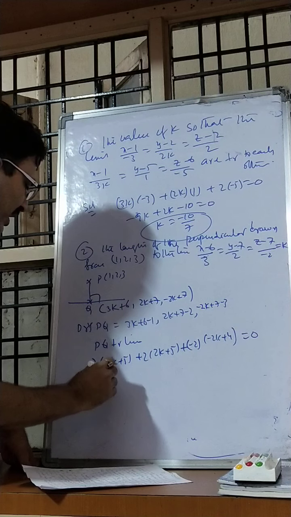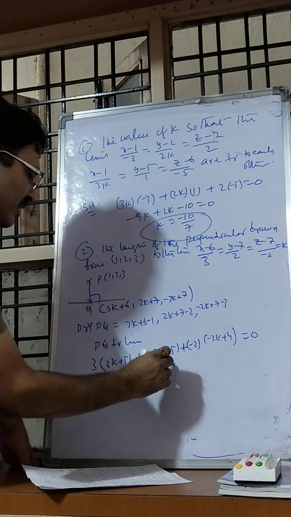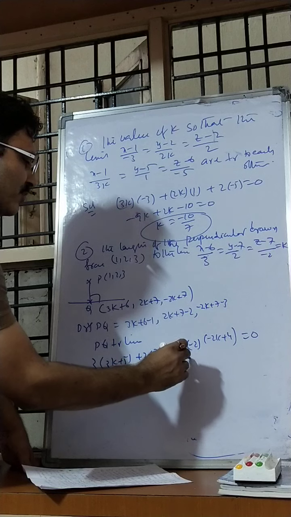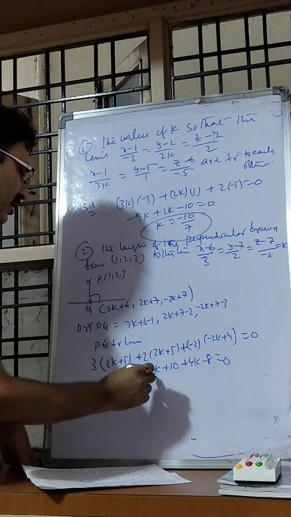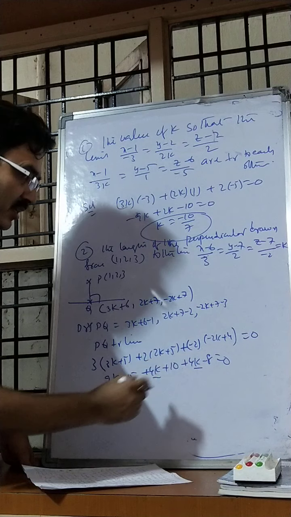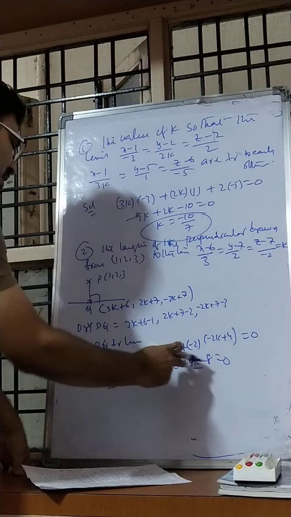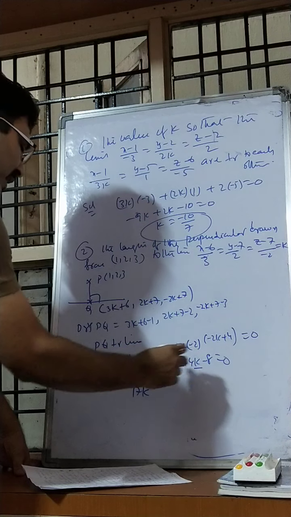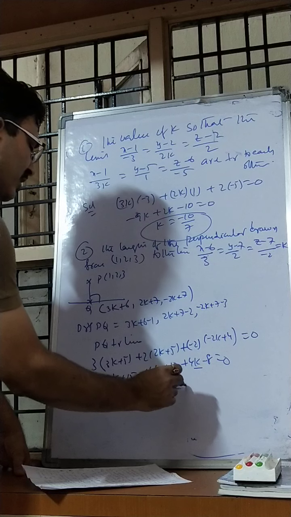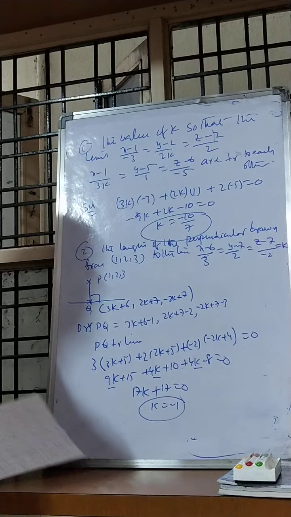By using that: 9k plus 15, 4k plus 10, and 4k minus 8 equal to 0. So 9 plus 4 plus 4 is 17k, and 15 plus 10 minus 8 is 17, equal to 0. So k is equal to minus 1, you got it.